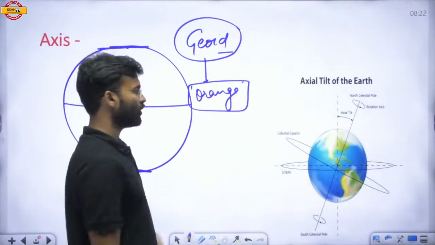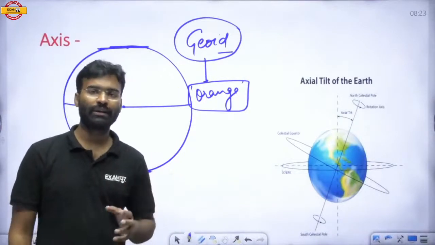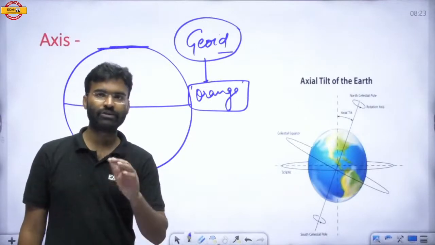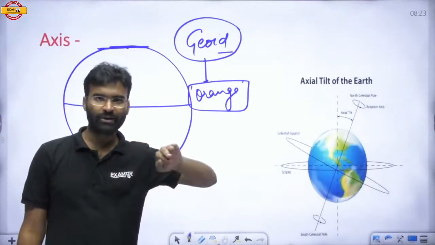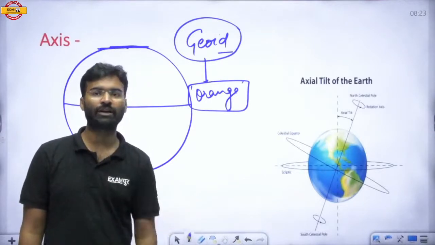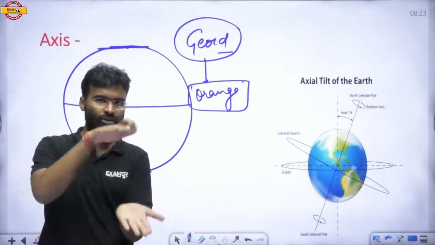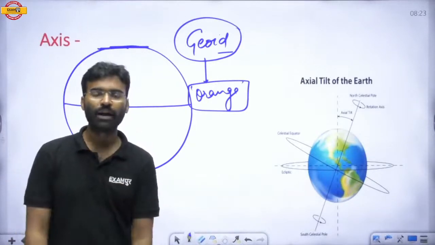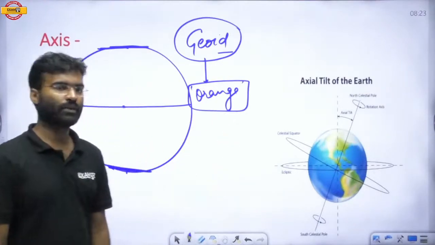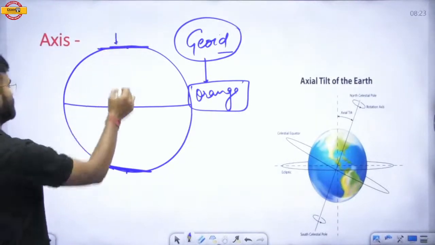If you compare an orange with a ball, you can easily differentiate the shape. The orange is not completely spherical, but the ball is completely spherical, because the orange is flattened at both poles, and like the orange, the shape of Earth is also flattened at the poles.